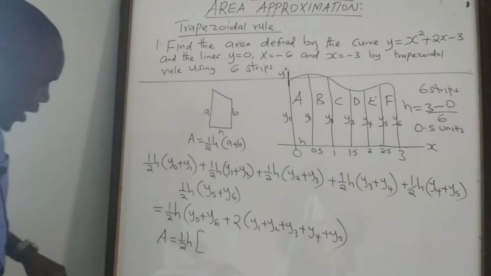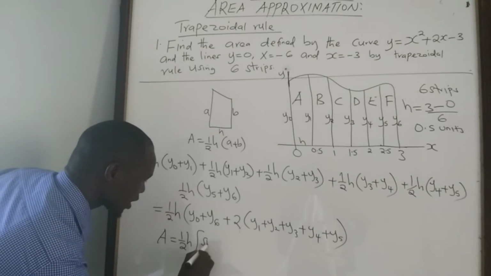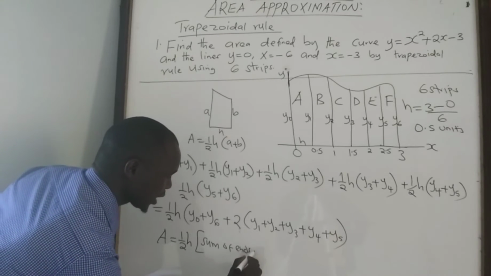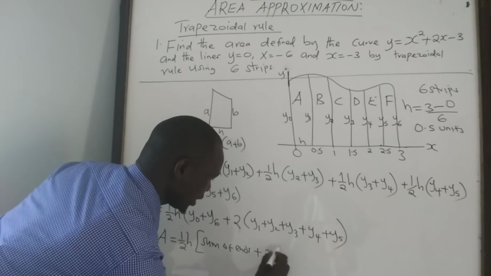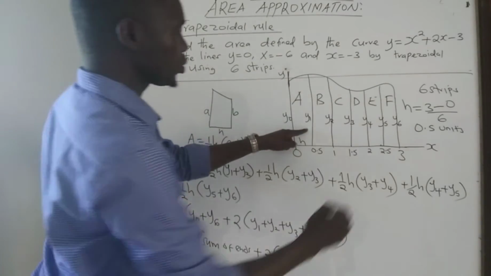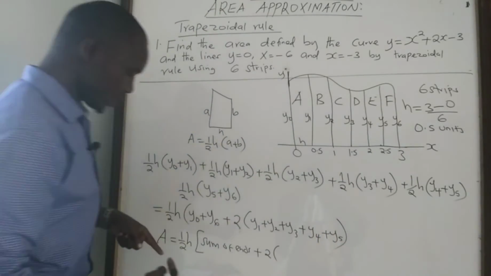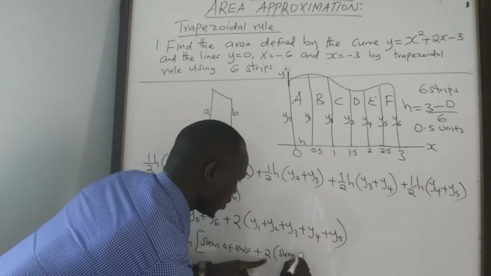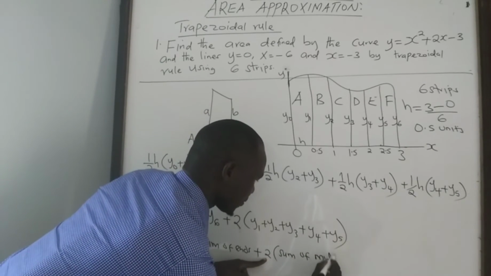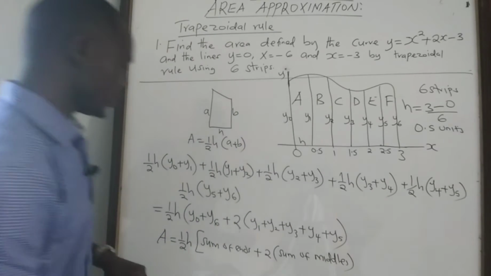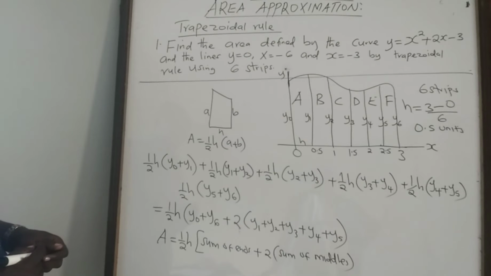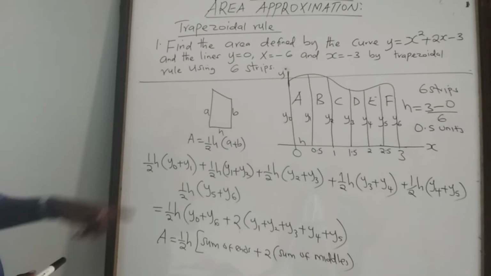Therefore, we are going to have half h into the sum of the ends, then plus twice, if you look at y1 to y5, they are in the middle, and therefore we are going to have twice sum of middles.